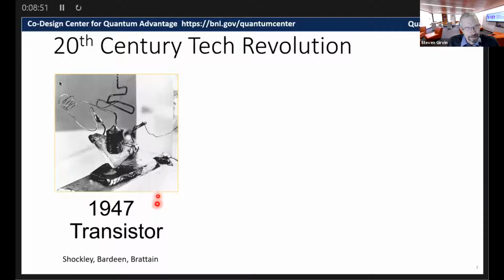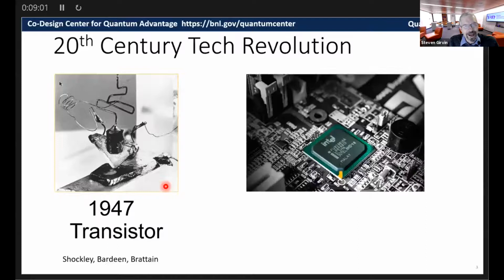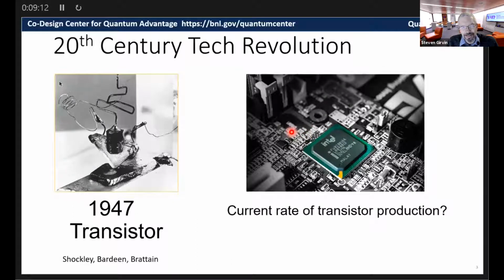But these people who won the Nobel Prize, this was John Bardeen's first of two Nobel Prizes for inventing the transistor, could not foresee the uses that we have today, that they could be made much smaller than this, put into integrated circuits. And they certainly could not foresee the current rate of transistor production in the world today. That number, I don't know if you know what it is, but it's enormous.